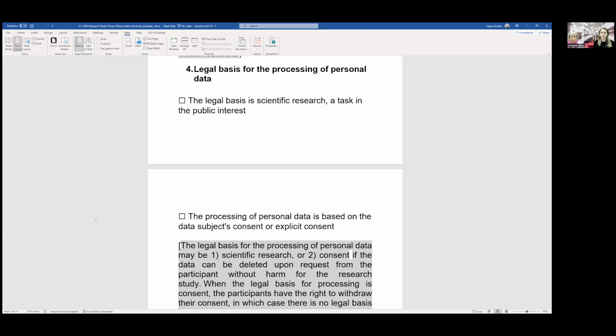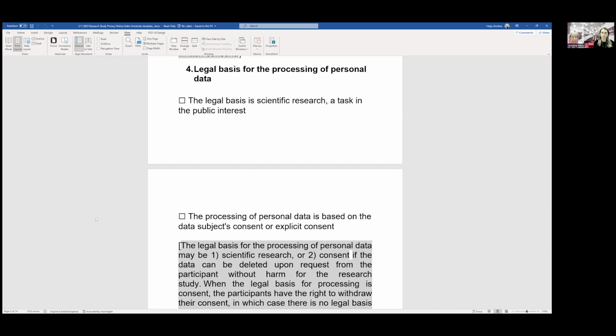And this affects your ability to use the research data. We haven't had much use for consent, but it's also used.